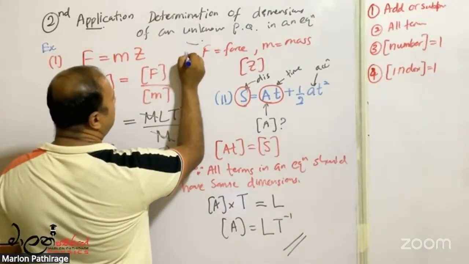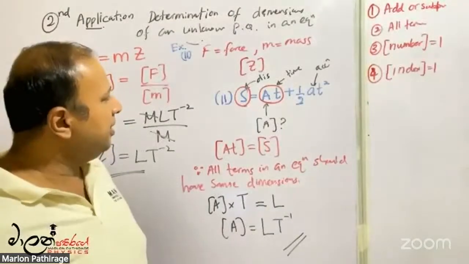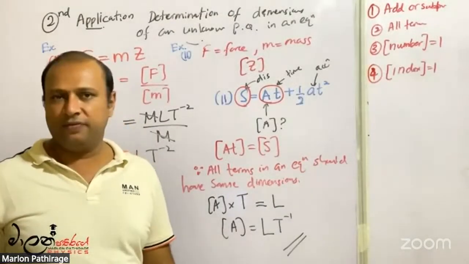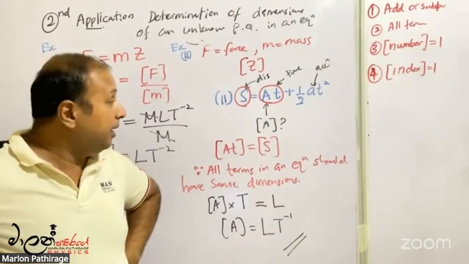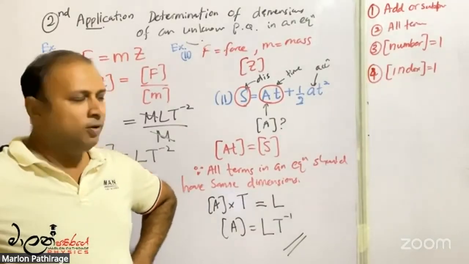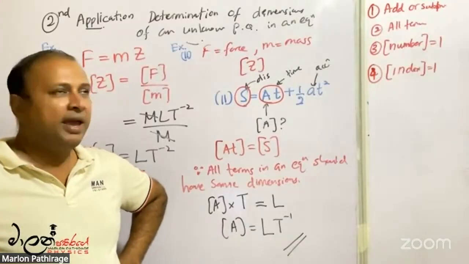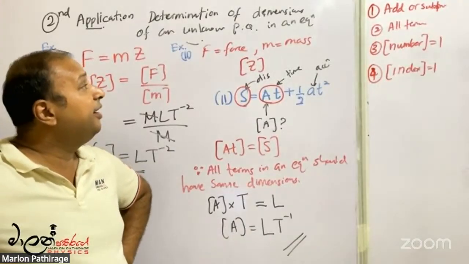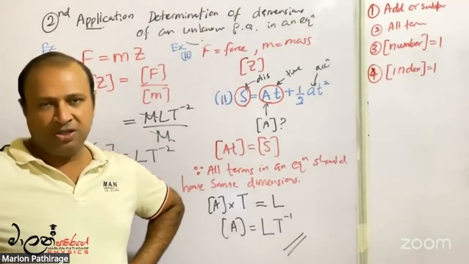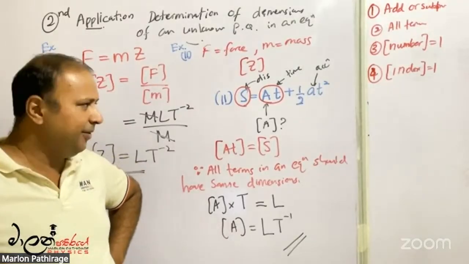When you are determining the dimension of an unknown physical quantity, there is no need to subject it. You can go through the rules in dimensional analysis, then you can find the dimension.